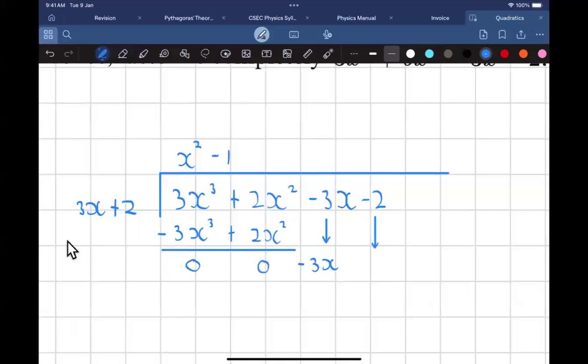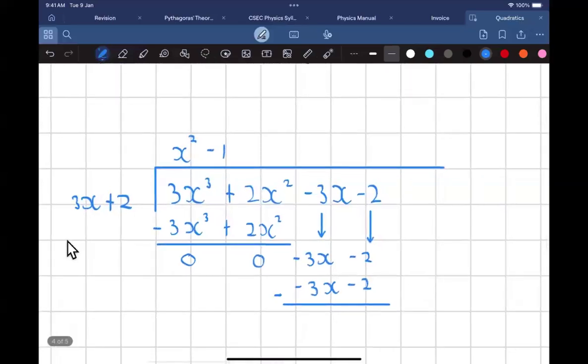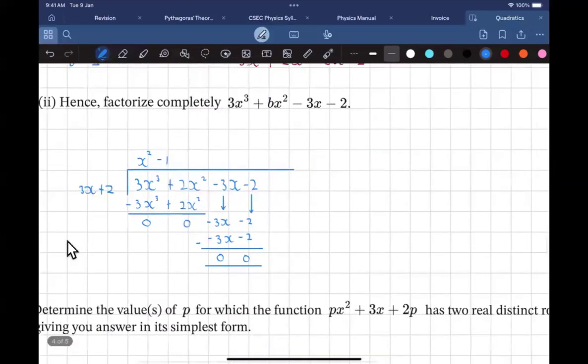And then you multiply that by the 3x plus 2, and you'll get minus 3x minus 2, and you'll just end up with 0. So if I want to factorize it completely, that's going to be 3x plus 2 by x squared minus 1.